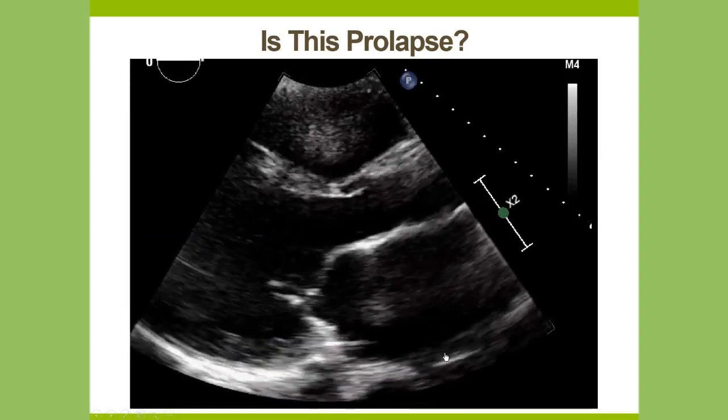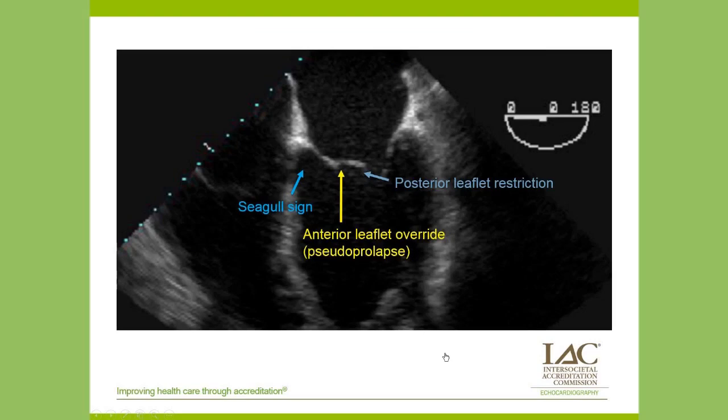So this is a common situation, and what it is not is prolapse. This is a different image. This is actually a transesophageal image, but what you've got, and the same in the previous picture, is you have posterior leaflet restriction right here, where the arrow is.